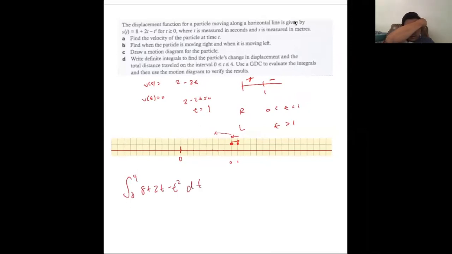The displacement for the first 4 seconds is the integral from 0 to 1 of 8 plus 2t minus t squared dt, plus the integral from 1 to 2. But because you want to do backwards, you put 2 to 1, 8 plus 2t minus t squared, plus from 2 to 4, but because it's going backwards, I think you want from 4 to 2 to give you a positive.